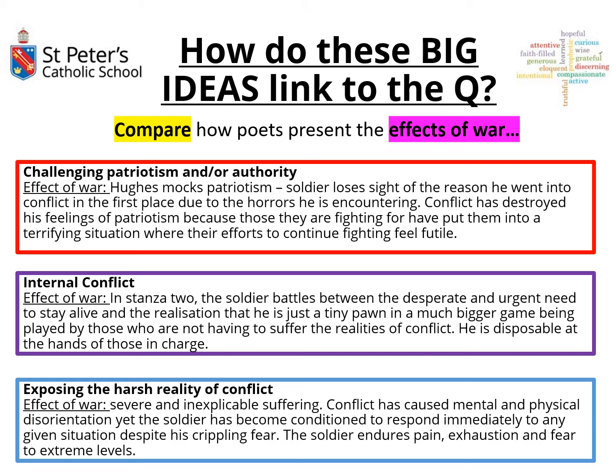So the effect of conflict in this poem on that soldier is the fact that he just loses all sight of what he's doing there because of how horrific his situation is. Conflict has destroyed his feelings of patriotism because those they are fighting for have put them into a terrifying situation where their efforts to continue fighting feel futile. So that word futile, it means pointless. They don't understand the purpose.